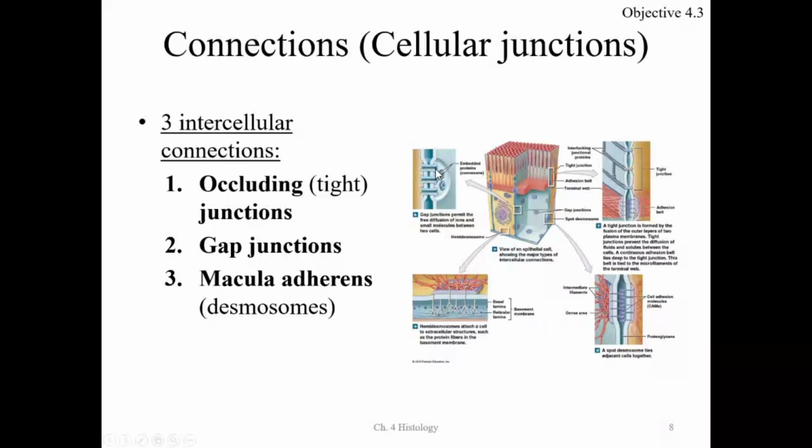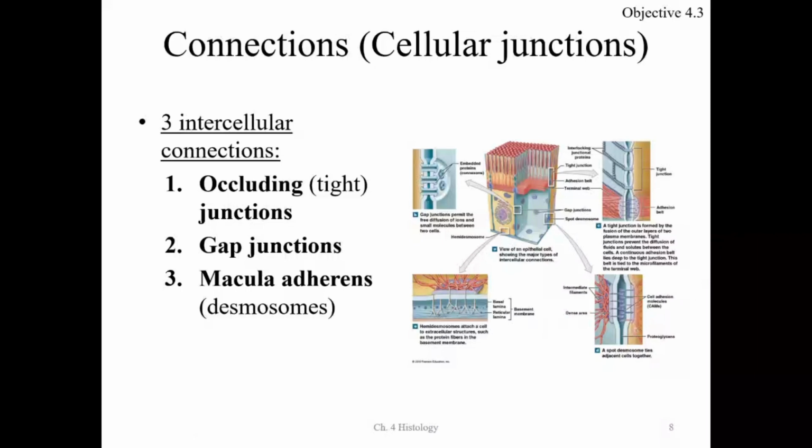Then macula adherens, into which desmosomes fall, for example. Your desmosomes are kind of like spot welds. They use a molecule called a cell adhesion molecule. A cell adhesion molecule holds cells together. This is what allows for multicellularity. If you don't know what multicellularity is, that means we're made of more than one cell.